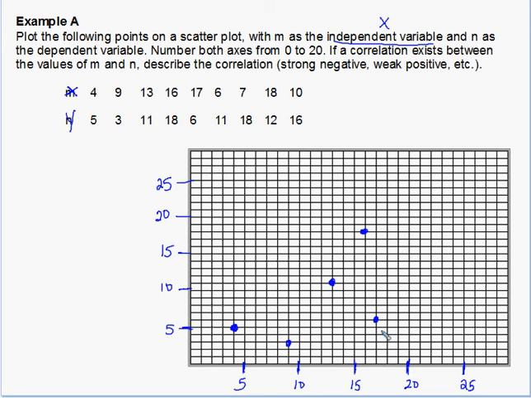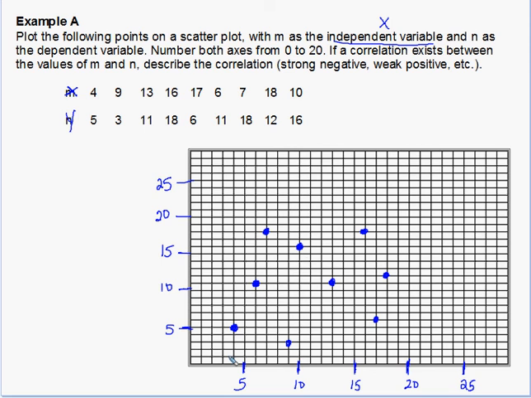Yes, I have graph paper. 6, 11, 7, 18, 18, 12, there, and then 10, 16.